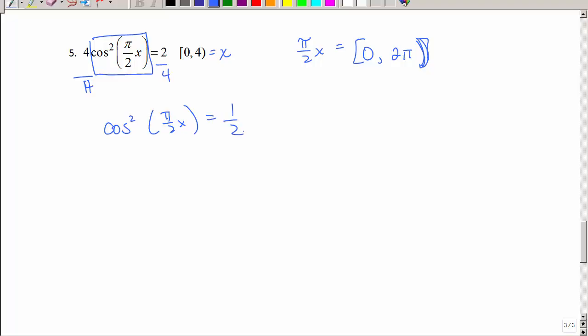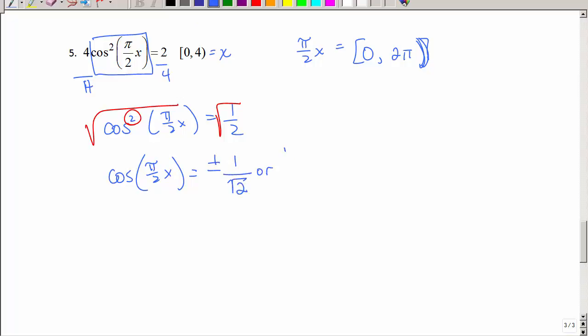I'm like, 1/2, I know that. But darn, I have a squared. So I've got to take the square root of both sides. And I have cosine pi over 2x equals plus or minus 1 over the square root of 2, or rationalized, square root of 2 over 2. Well, that looks kind of familiar too in my unit circle.